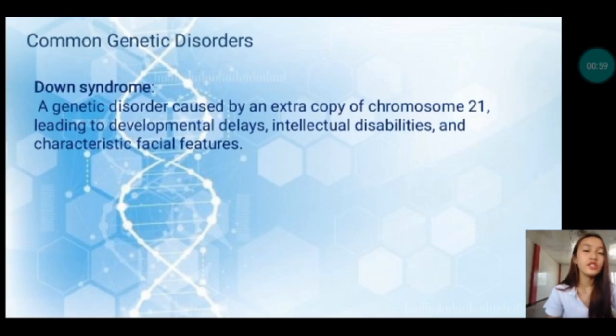Down syndrome is a genetic disorder caused by an extra copy of chromosome 21, leading to developmental delays, intellectual disabilities, and characteristic facial features.